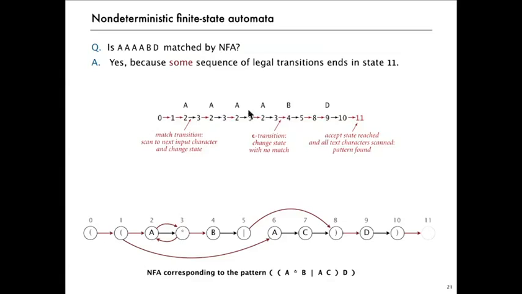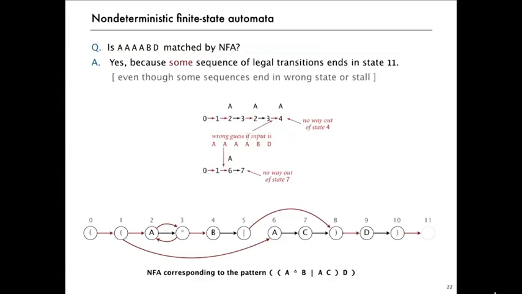So there is a sequence of state transitions that gets to 11 and recognizes all the characters in the string, so therefore it's matched. It's true that there are sequences that the machine might guess and go to the wrong state or stall. It doesn't matter as long as there's some sequence, and we're going to assume that the machine always guesses the right one.